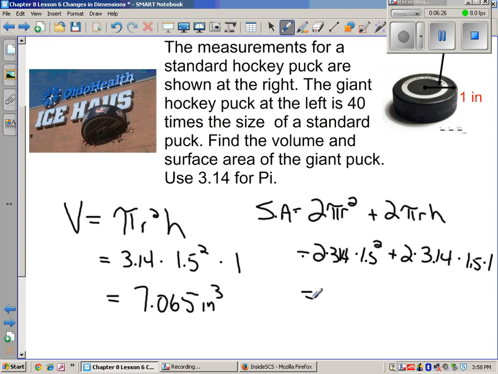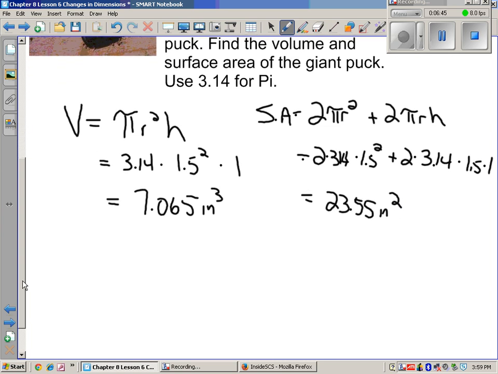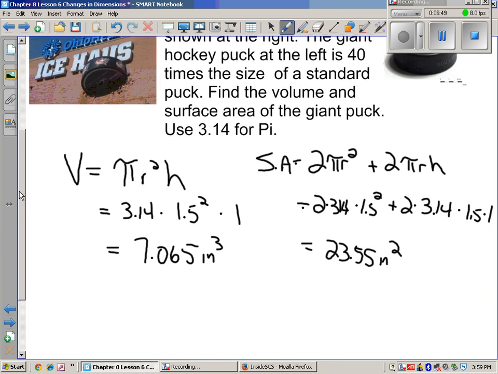That is going to get us 23.55 inches squared. That takes care of our original puck, but now we're looking for the volume and surface area of the giant puck.